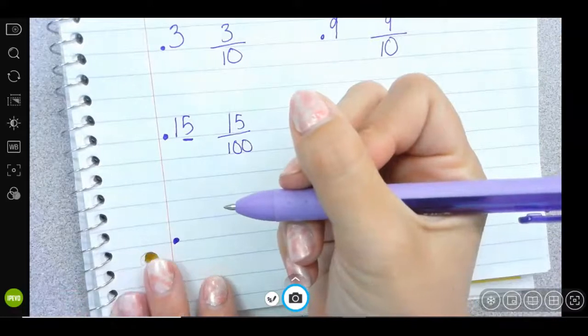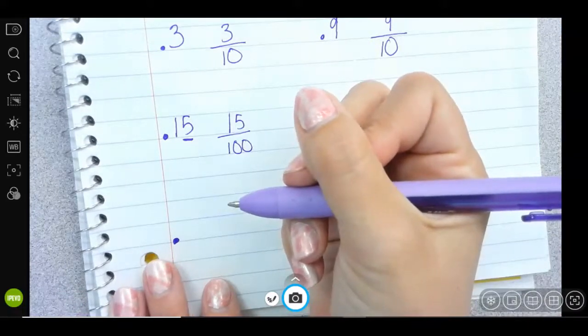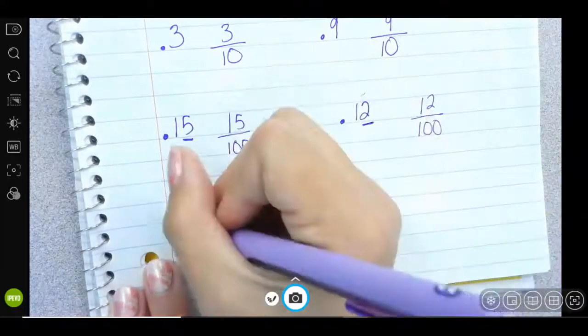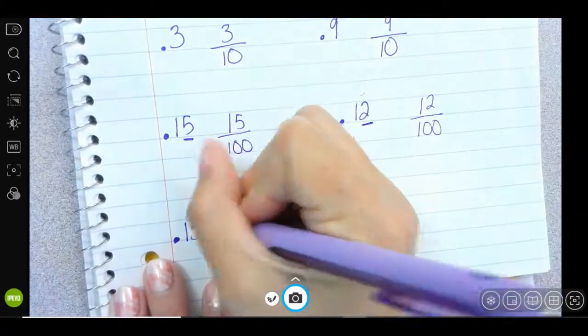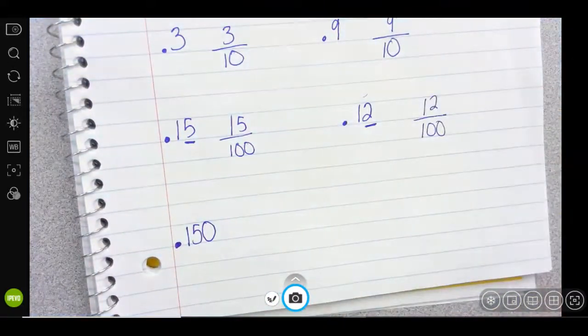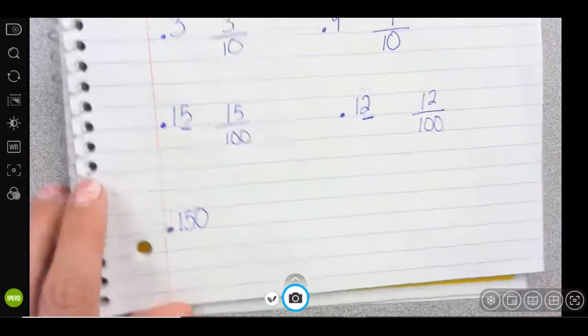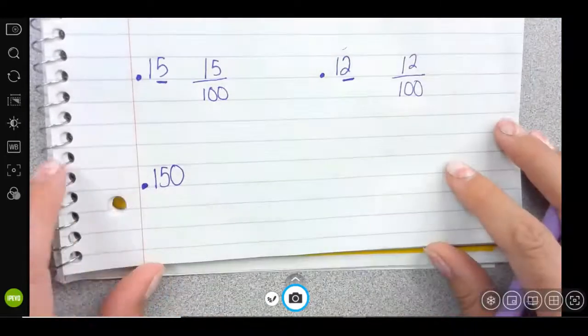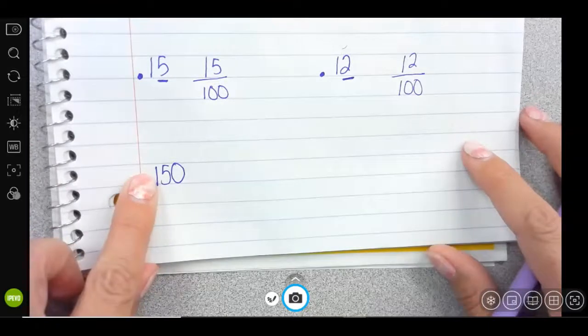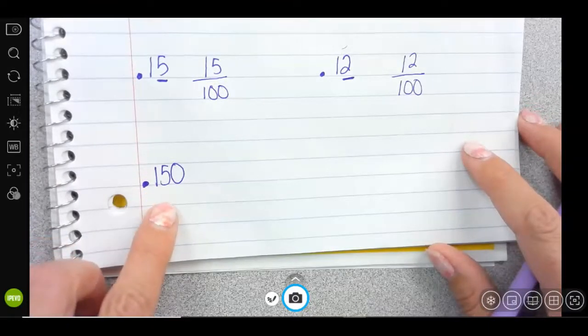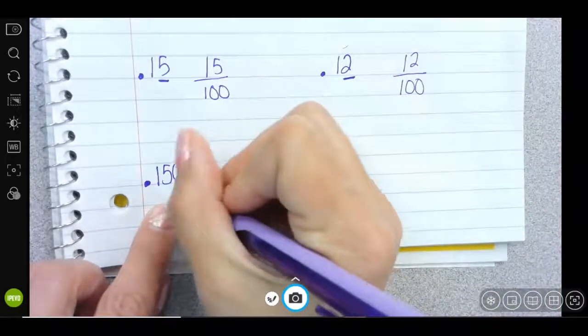Memphis, give me a number greater than 100. 150. Okay. Guys, please make sure you're on mute, okay? So this number is 150, right? But because it has a decimal place, we know that it has a different place value. So we look at the 0.